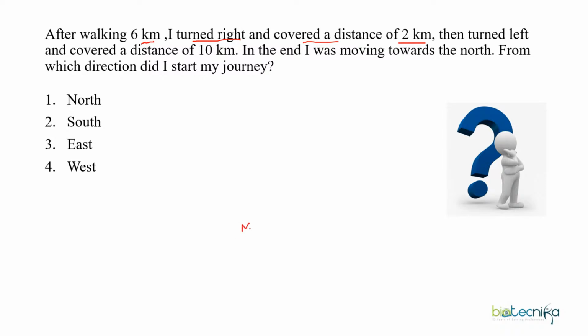So if this is me, I am traveling towards north. 6 kilometer I traveled, and then I took a right turn, that means towards east, and traveled 2 kilometer. Then I turned left and covered a distance of 10 kilometer. That means my left will be towards north, 10 kilometer. Okay, this direction is north, right?